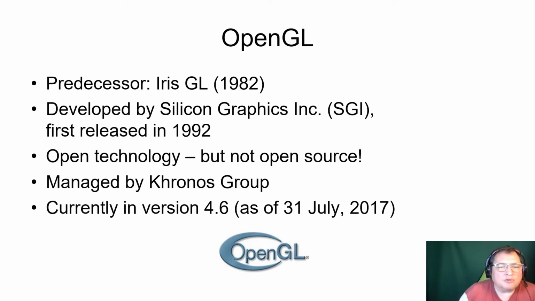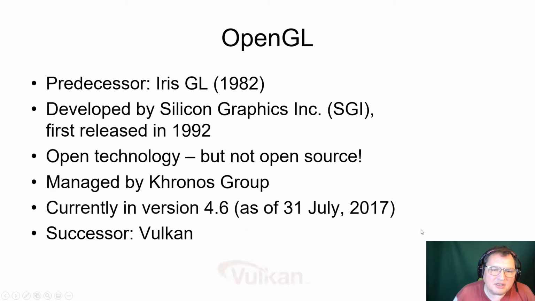OpenGL is currently in version 4.6, and this version is the current one since 2017, and it also has already its successor, and this is the Vulkan system, which is much newer, much better.